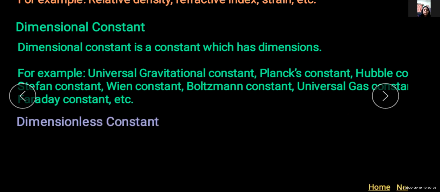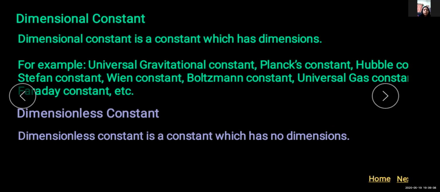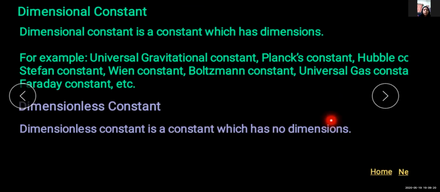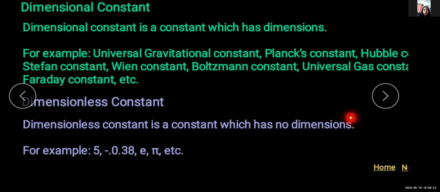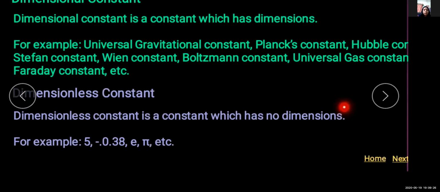What is a dimensionless constant? A dimensionless constant is a constant which has no dimensions. So there are two kinds: one which has dimensions and another which has no dimension. For example, 5, 0.38, e, pi, etc.